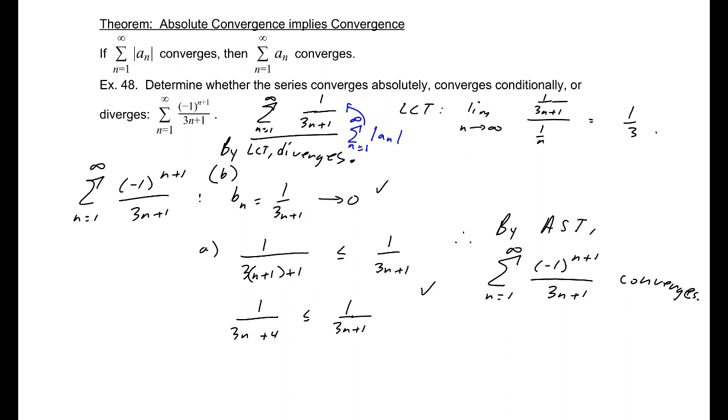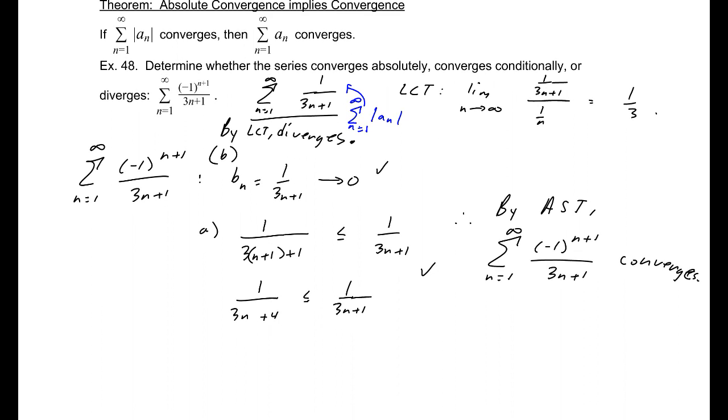So that means this converges conditionally. That is, the sum from n equals 1 to infinity of negative 1 to the n plus 1 over 3n plus 1 converges conditionally, which is what we were after.